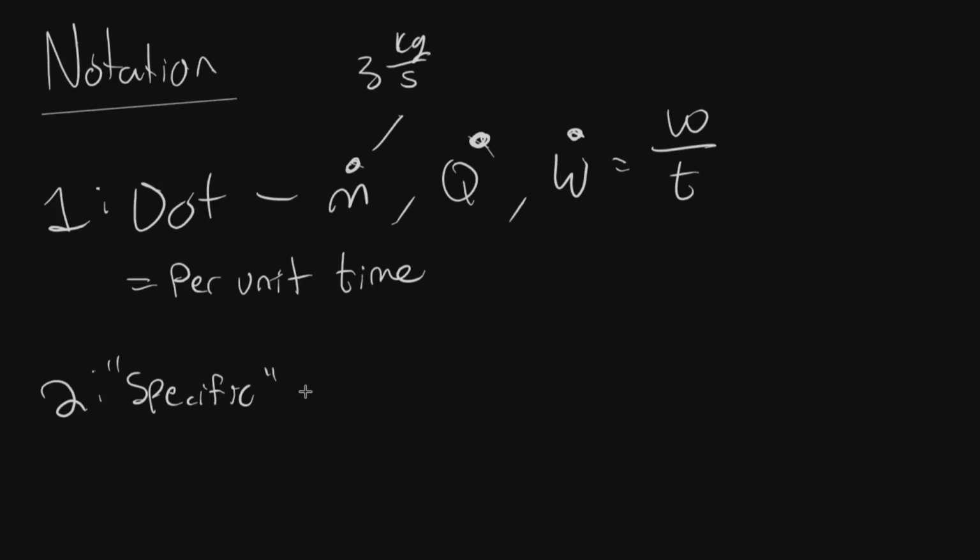Now, specific is another terminology we'll see a lot, and specific means per unit mass. So my specific volume, which I write like this, it's the Greek letter nu. Technically, it'll look something more like this, but that kind of looks like a U and a V, so I write it like this.